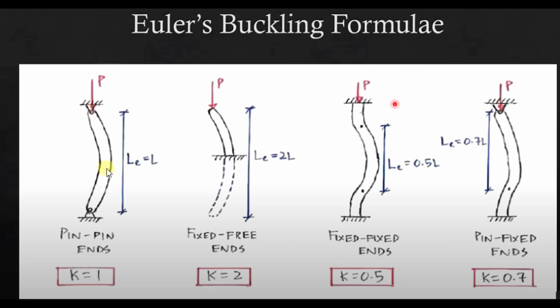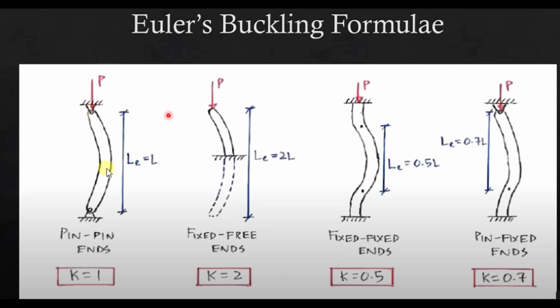If both ends are fixed when we apply the load, we consider 0.5. For pin and fixed, where we have rotation at one end but the other end is fixed, we consider 0.7. So these are the constants we take into account.